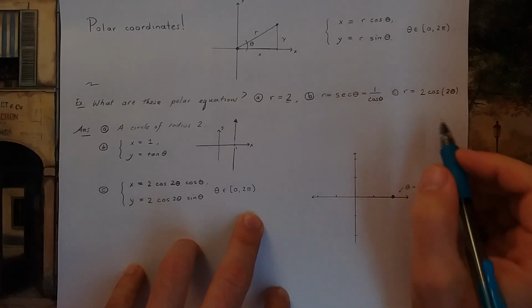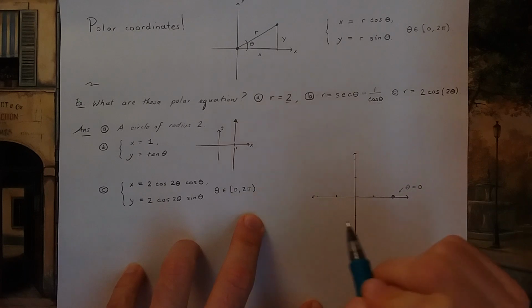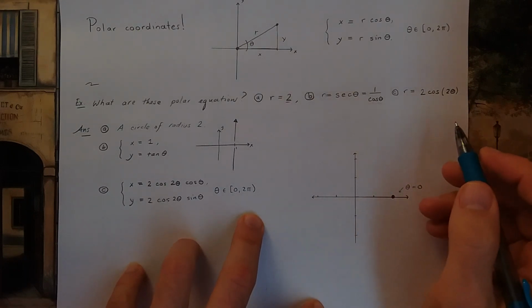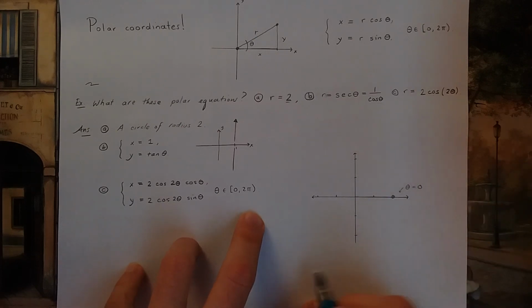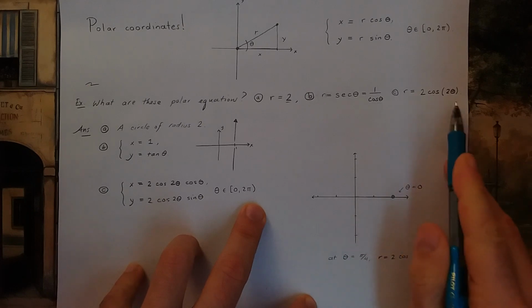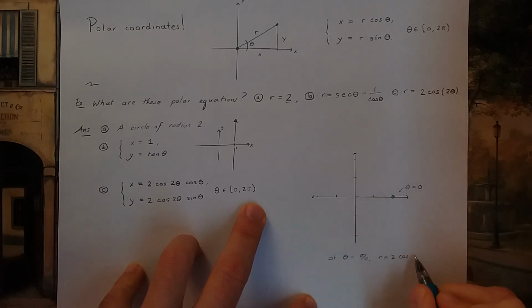Now let's suppose I plug in pi over 2. Well, actually, how about pi over 4? So at pi over 4, I have r is 2 cosine, and if I plug in pi over 4 for theta, I think I get pi over 2.